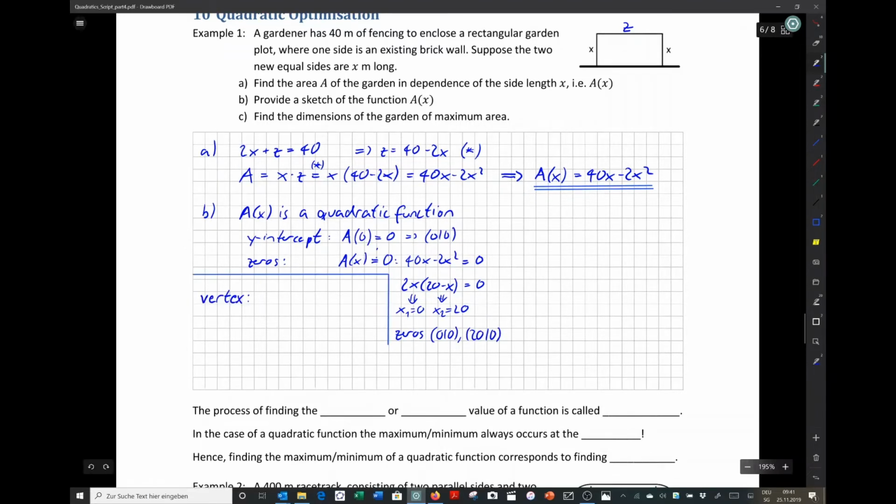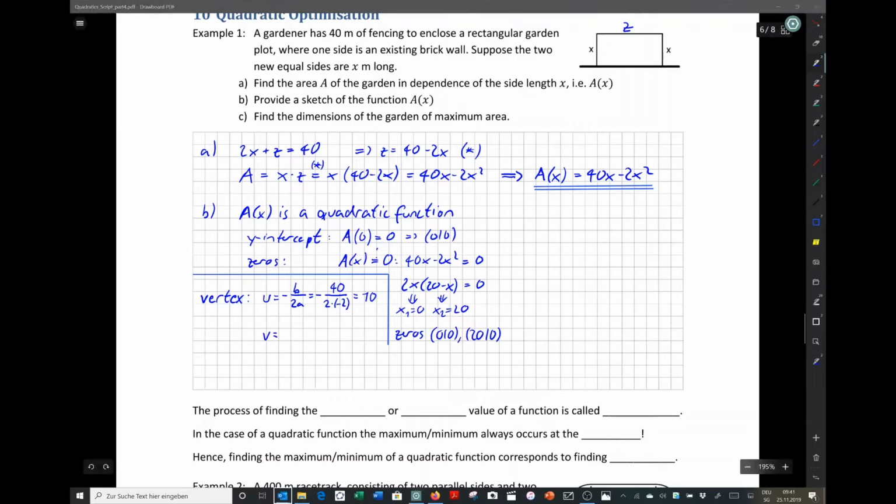For the vertex, we know u is minus b divided by 2a, which means minus b being 40 divided by 2 times a being minus 2, and we get in the end 10.